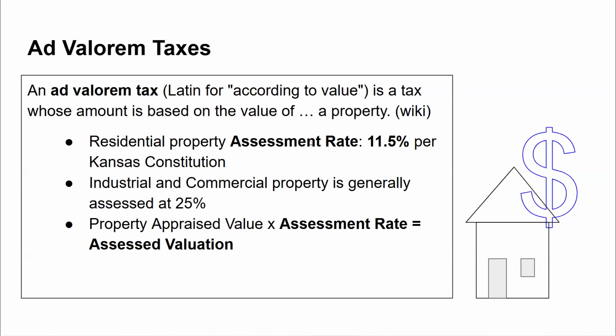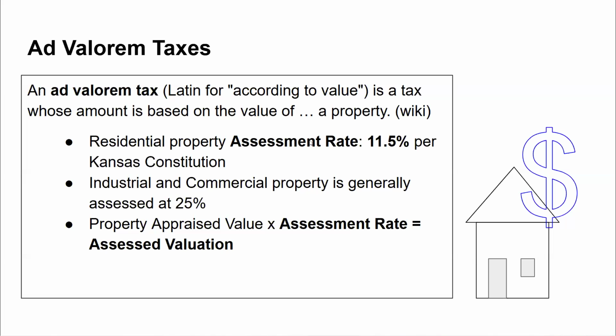And we have several rates in the state that determine what that assessed valuation is. So residential property in Kansas has an assessment rate of 11.5%, while industrial property or commercial property is 25%. So you can see why communities want a thriving business community, because it results in higher assessed valuations.